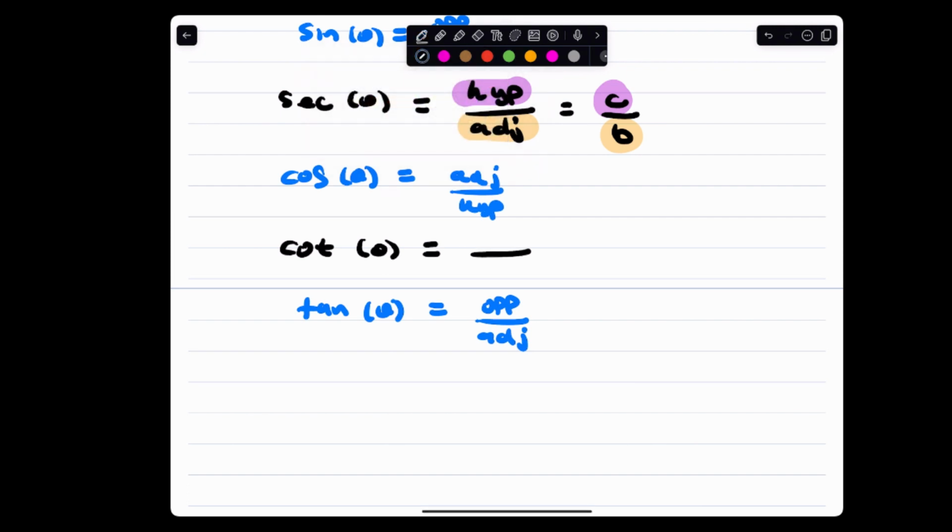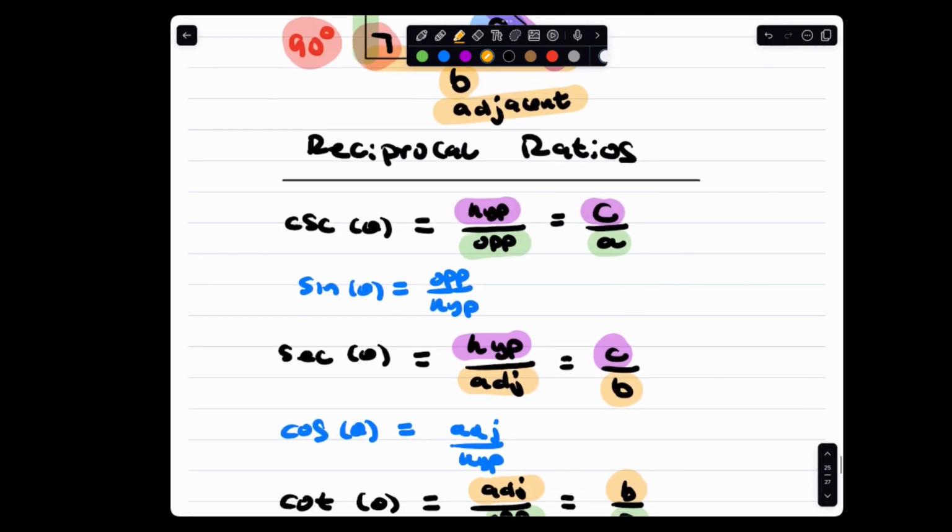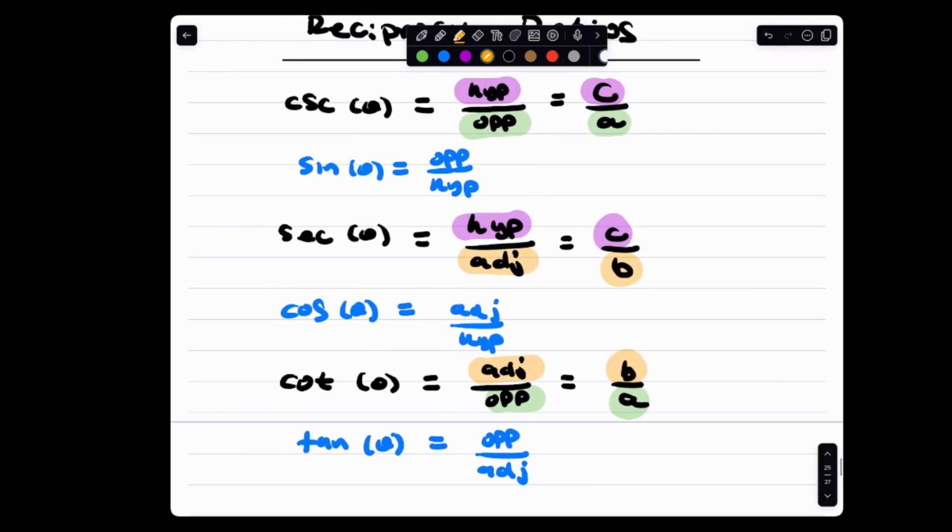So flip it over, and you're going to say adjacent over opposite. This will be B over A. So B is gold, A is green. So there you go. These are all reciprocals.